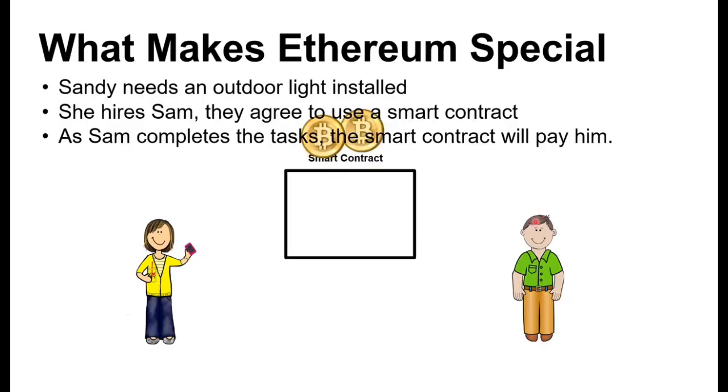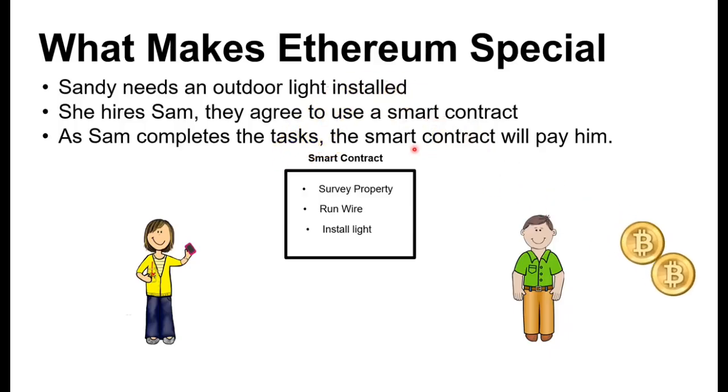And then as Sam completes certain conditions in the contract, he can get paid on those completed conditions. So a survey of the property needs to be done, and then a wire needs to be run. And after that wire run is complete and Sandy approves, Sam can get paid some cryptocurrency on Ethereum. And then once the light is installed, the remainder of the payment goes to Sam's account.